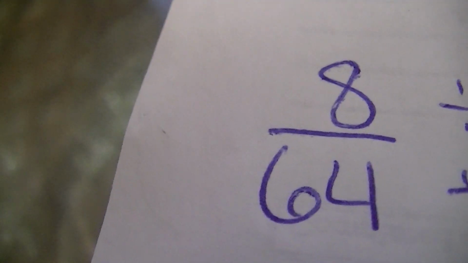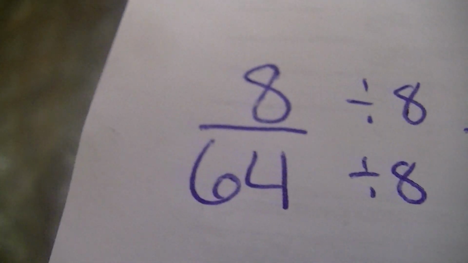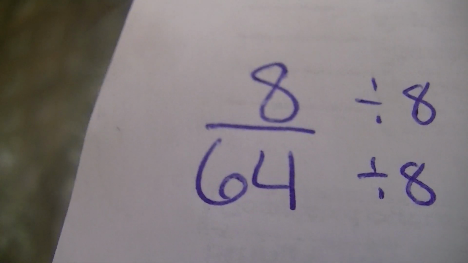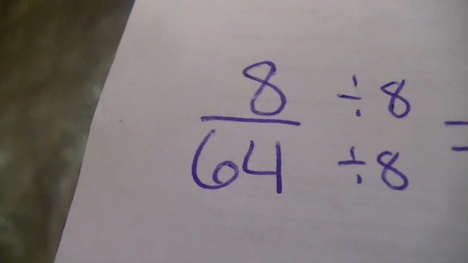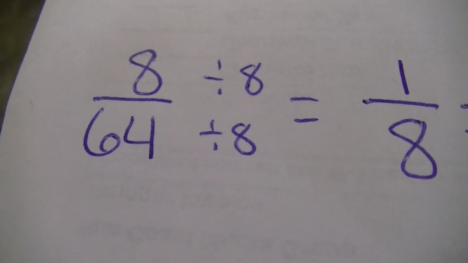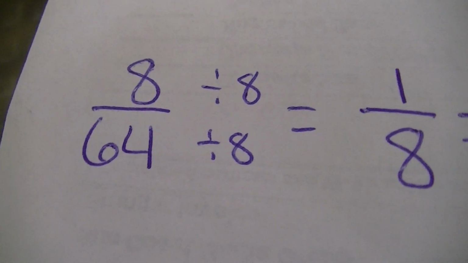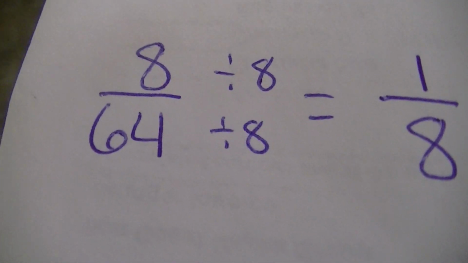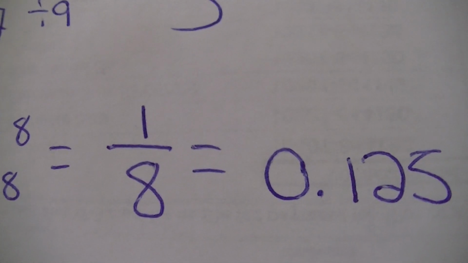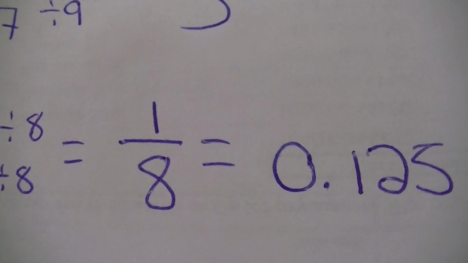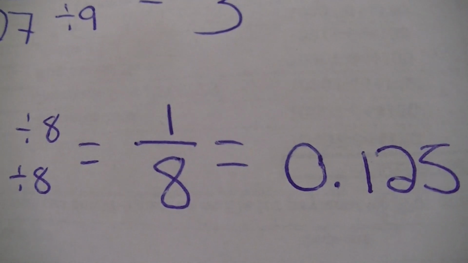All right, let's kick it up a notch. 8 over 64. What number goes into that? 8 can go into both of those because 8 times 8 is 64. So I'm going to divide by the same number. Whatever I do to the bottom, I got to do to the top, right? So 8 divided by 8 is one time. 8 goes into 64 8 times. Now, if I say top number divided by bottom number, 1 divided by 8 equals on my calculator, I would come up with 0.125.